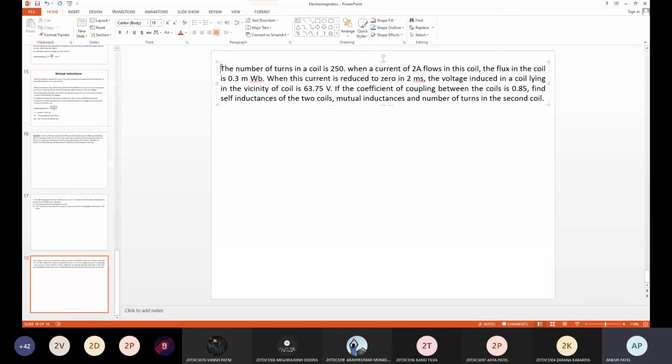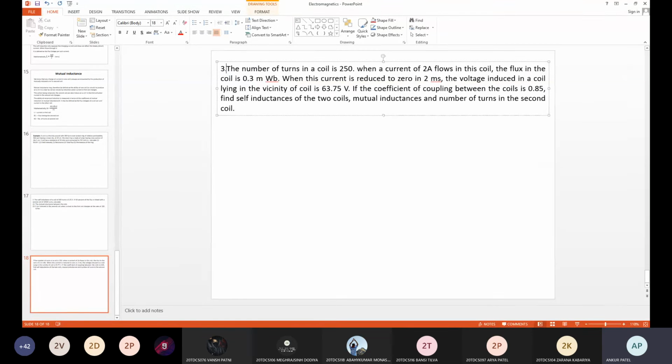This example number is third. The number of turns in a coil is 250. When a current of 2 ampere flows in this coil, the flux in the coil is 0.3 milliweber.